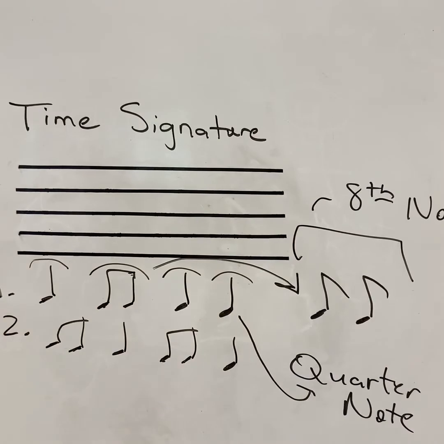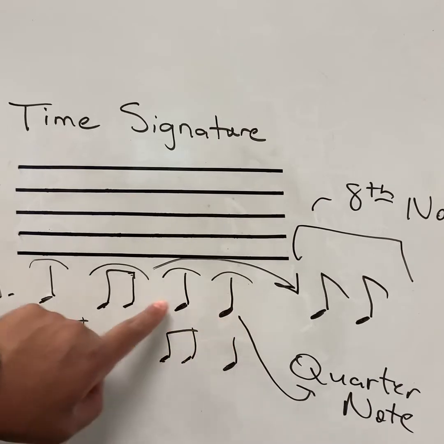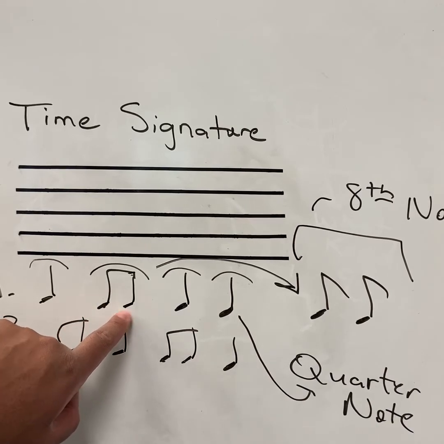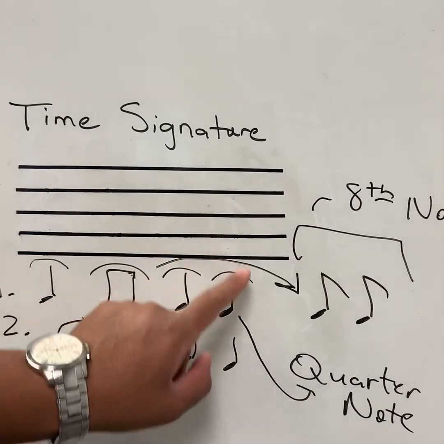Okay? In total, in measure one, I have four beats. If I were to add up all the quarter notes, that's 1, 2, 3. Going back, looking at these eighth notes, that's also one beat. Okay? Because it takes two of these to equal one of these. Okay? All right. So I have one beat, two beats, three beats, four beats.